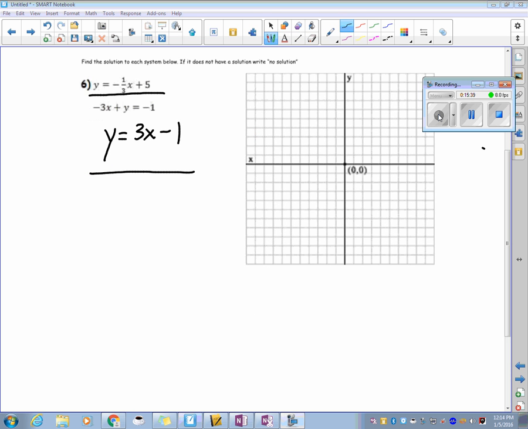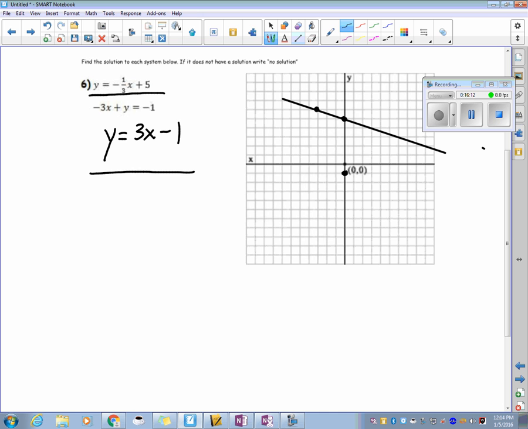So we solved the second one for y. So the first one is 5, and it's a negative 1/3. So rise 1, left 3, and here's my line. And for the second one, it's down 1, and the slope is 3.